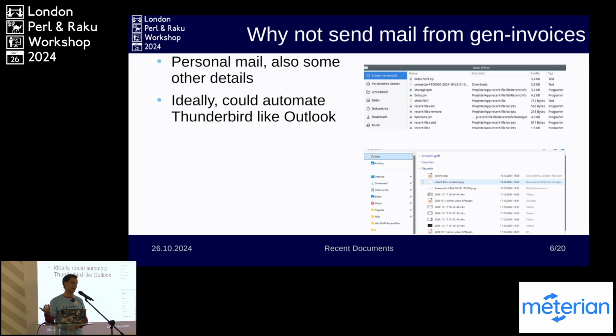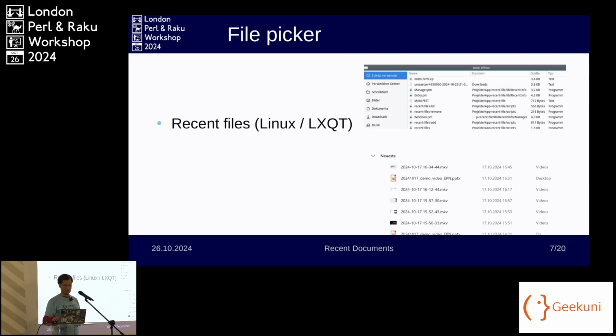I use Thunderbird, and Thunderbird cannot prepare a nice mail. So my workflow then means I have to open the folder where I generated the PDF in, pick the right PDF, and attach it to the mail.